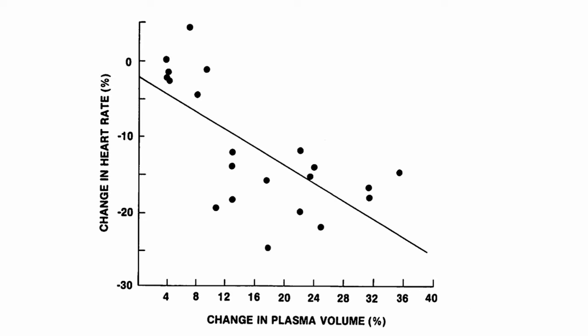And as we can see in this diagram, the greater the increase in plasma volume, the greater the reduction in heart rate as a response to heat acclimation. So expanding plasma volume seems to be a very beneficial adaptation that we see in the cardiovascular stress.